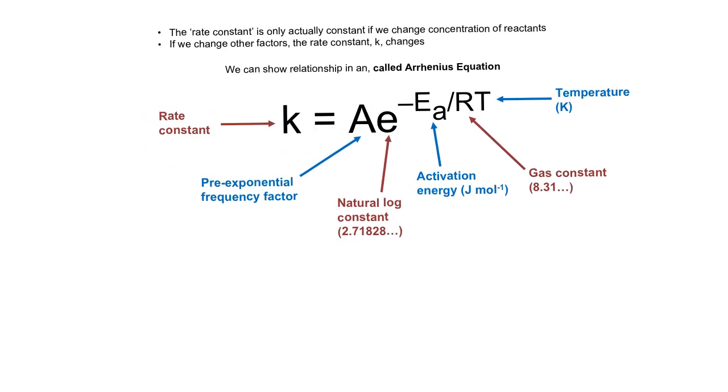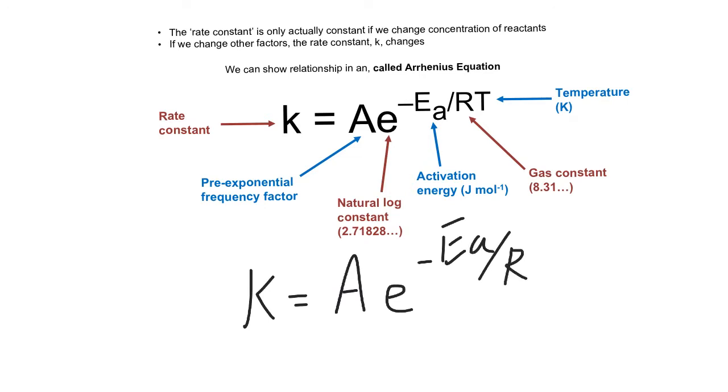Let me rewrite that in a normal way, because it's best to write this out. K equals A e to the power minus EA, the activation energy, divided by R, the gas constant, and T, the temperature. The reason for writing that is the format is not very clear over here. Okay, so I hope this makes sense.